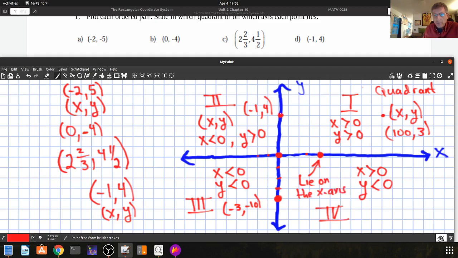Similarly, a point right here that straddles the boundary between quadrant 1 and quadrant 2 lies on the y-axis. All of that, together with the special point 0, 0, which is the origin, is pretty much all you need to know to familiarize yourself with the coordinate plane.